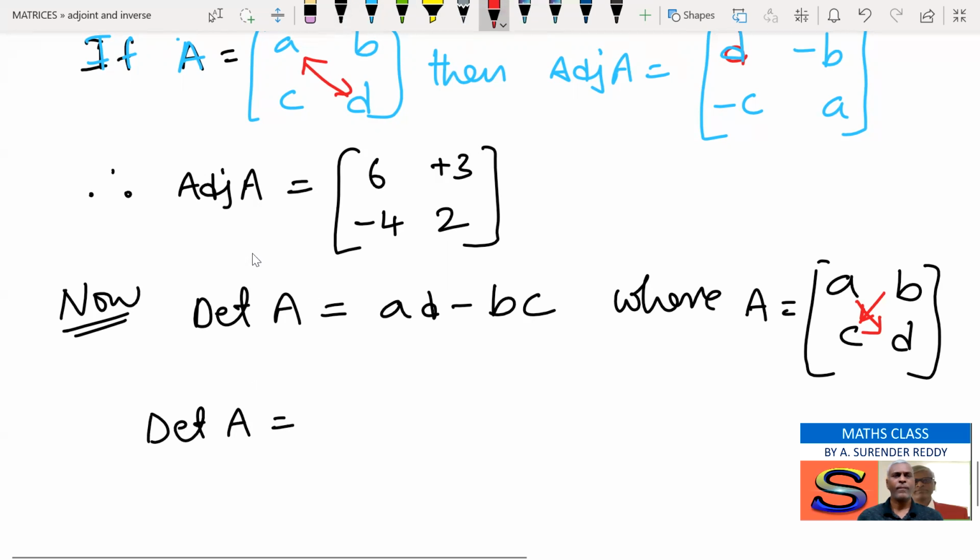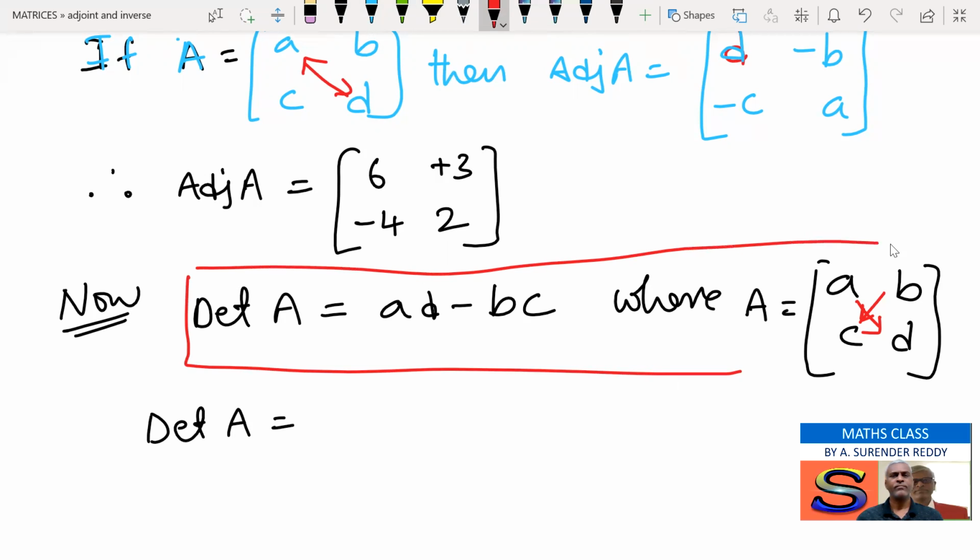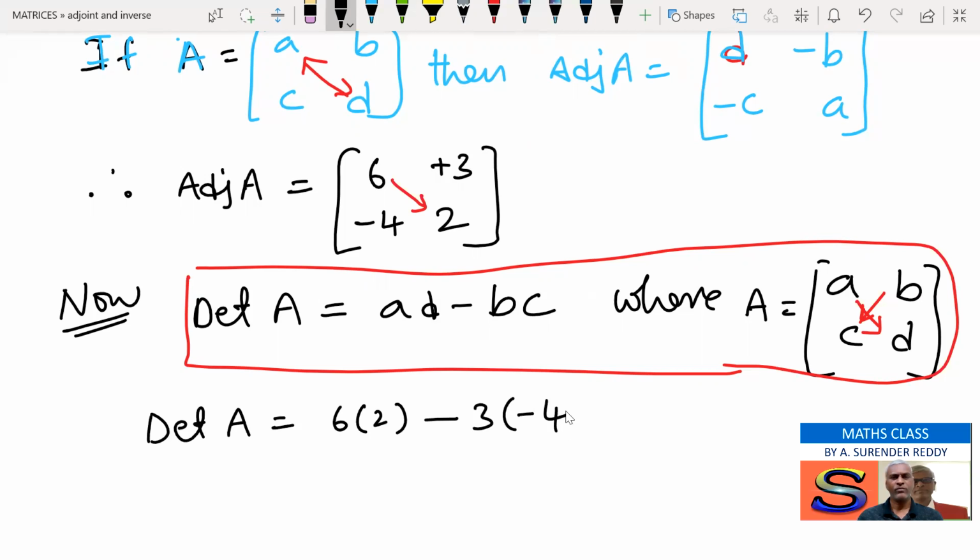So this is the definition of det. Now here, what is AD? 6 into 2 minus BC, 3 into minus 4. So that is equal to 12 minus into minus plus 12.